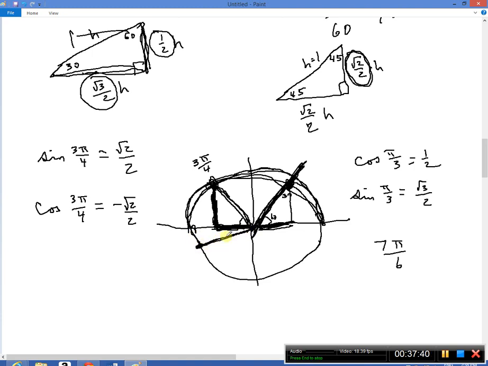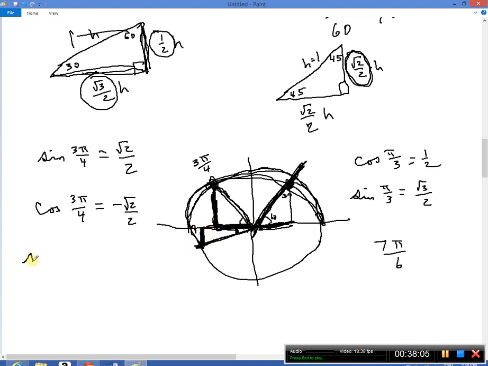So we have a relatively short angle here, which will be 30 degrees. 1/6 of the way to 180 is 30. So this is 30 degrees beyond 180. The vertical segment will be the sine, and you notice that's now measured down, so it's going to be negative, and the horizontal segment is going to be negative as well. It's measured to the left.